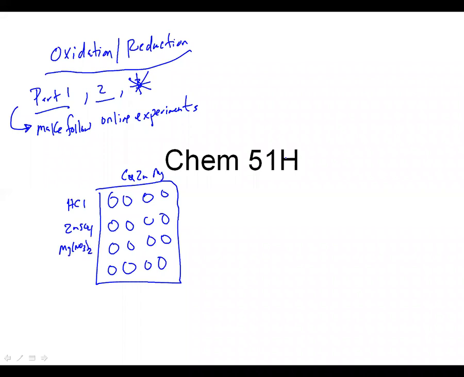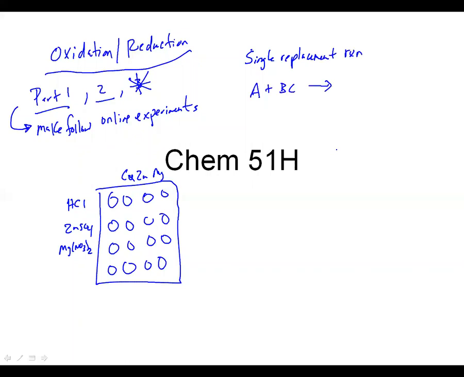So really, part one, like I think I mentioned last week, and they used to do this experiment, I think, in Chem 50 as well. Basically, what we're looking at is single replacement reactions, right? This has a general formula where we take something, in this case a metal, and an ionic compound that's positive and negative.